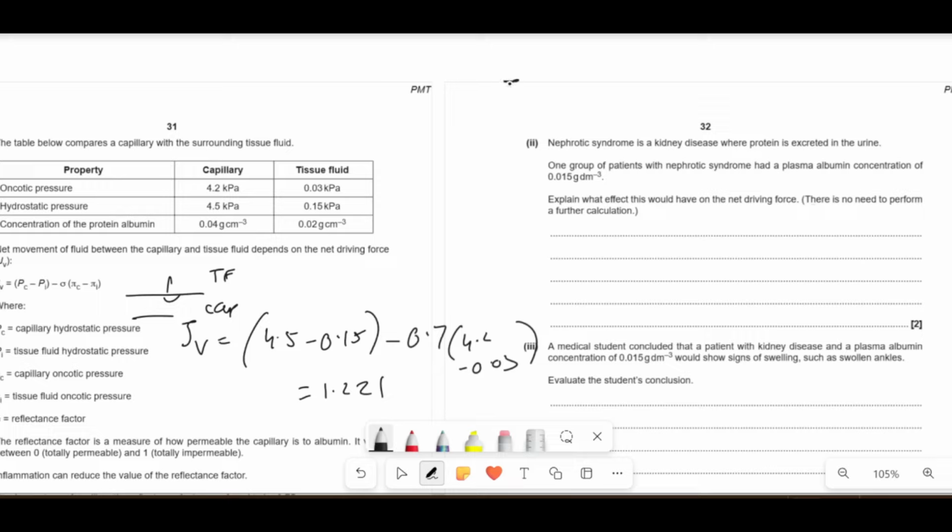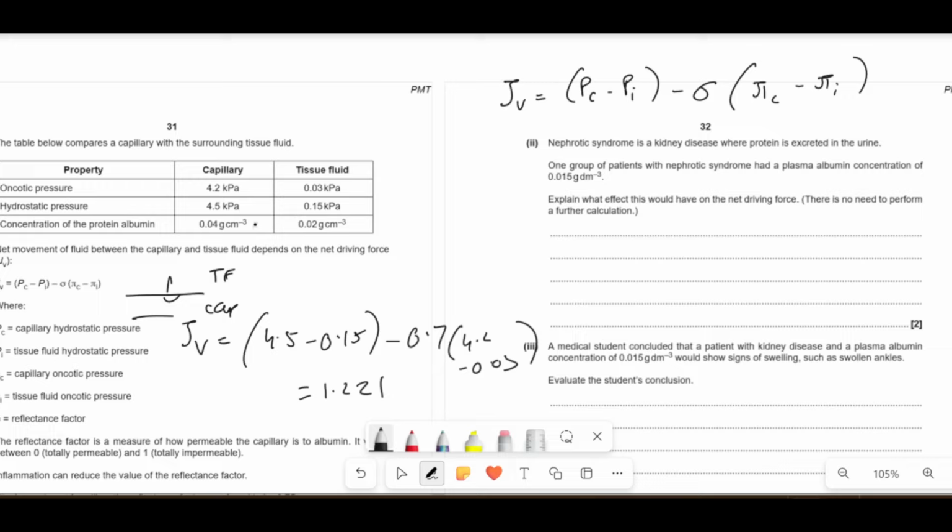So if we just look again, JV equals the hydrostatic pressure of the capillary minus the hydrostatic pressure of the tissue fluid minus the reflection coefficient times the capillary oncotic pressure minus the tissue fluid oncotic pressure, right? So in this case, we need to think about what the albumin's doing, which of these factors it's going to be changing.